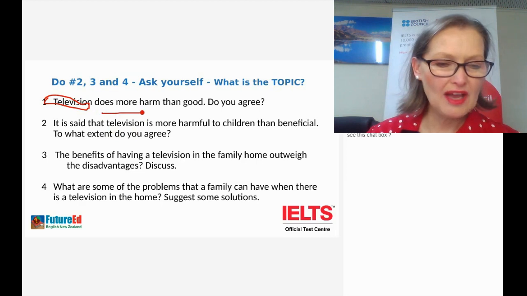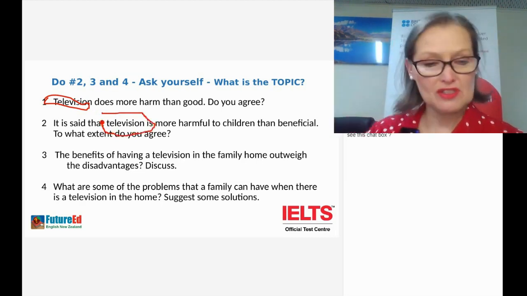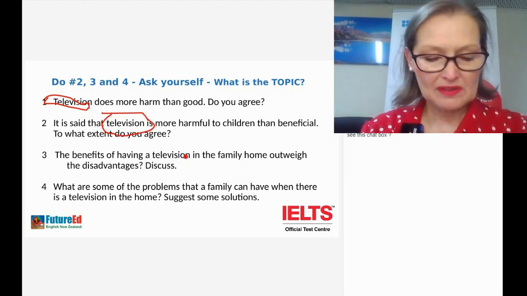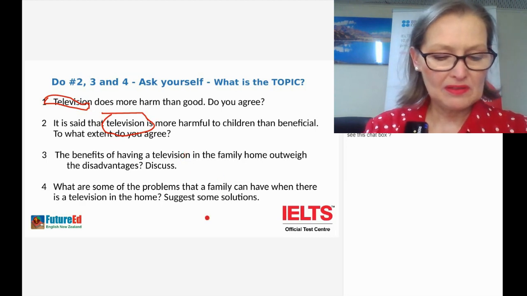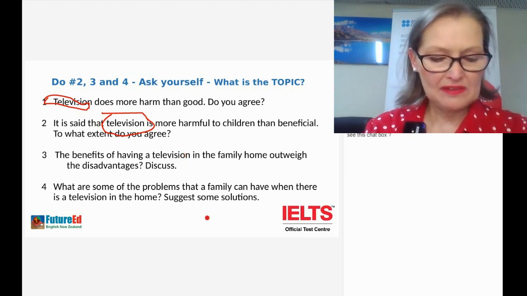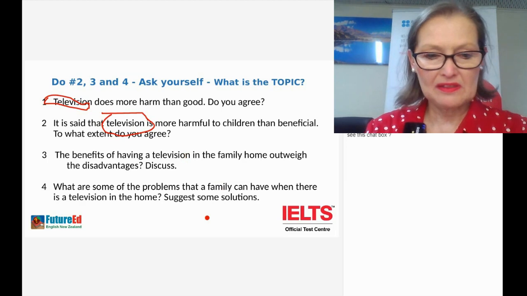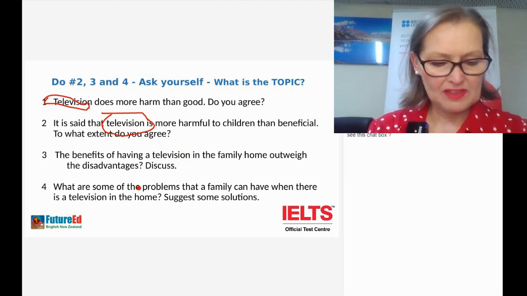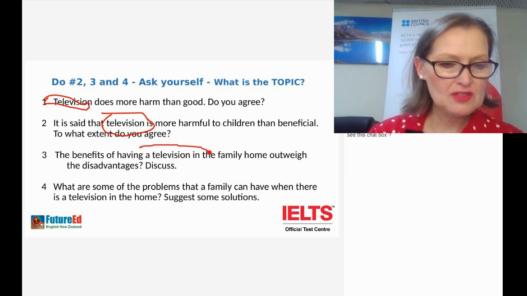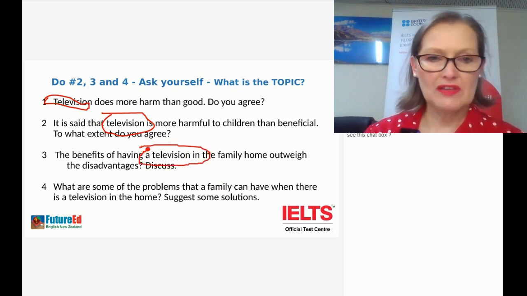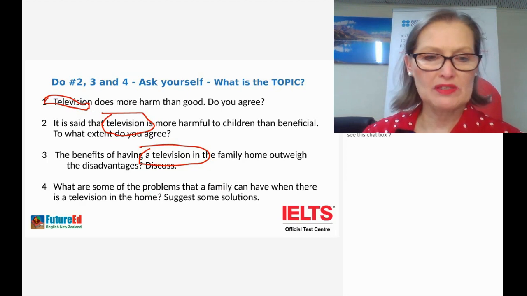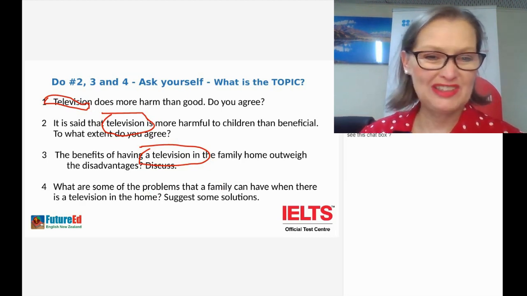I've got a chat box down at the bottom. Not on my screen, probably. I've just typed in there. Can you see the chat box? You can't see the chat box? No. Oh, okay. That's interesting. We're still mastering this new technology.